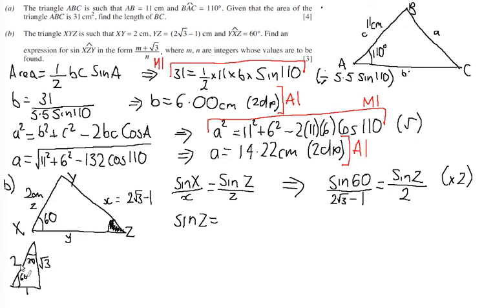Sine of 60, opposite over hypotenuse, is root 3 over 2. So what we're going to get is root 3 over 2 times 1 over root 3 minus 1.